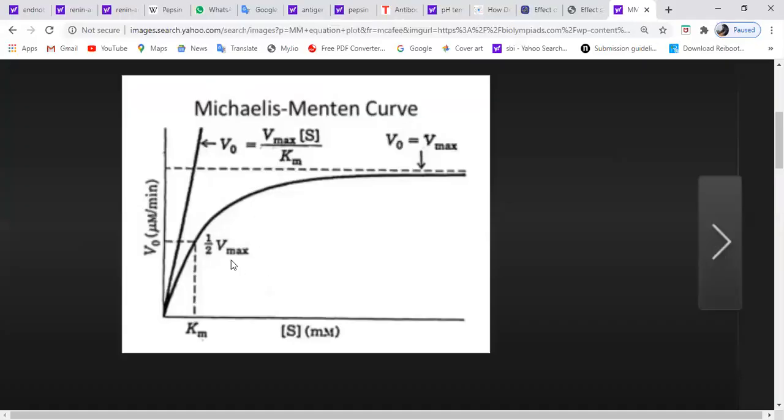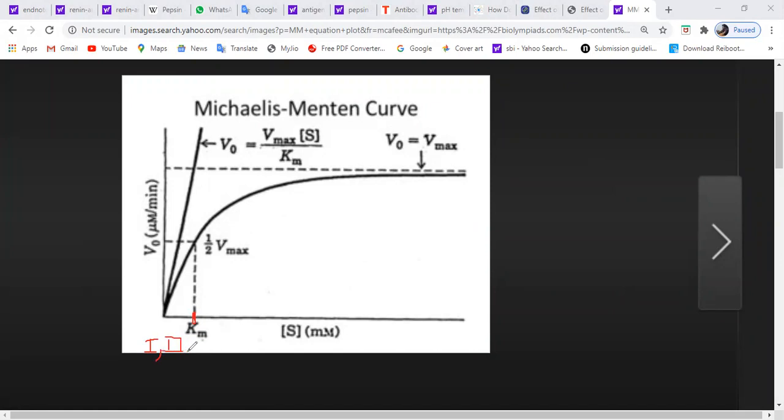So see here. Suppose an enzyme which is having a low Km, which can be either 1, 2, or the third one. Suppose it is having this Km value, and these are called low Km. These may include 1, 2, and 3, or you can say A, B, and C. So these three hexokinases are having low Km.